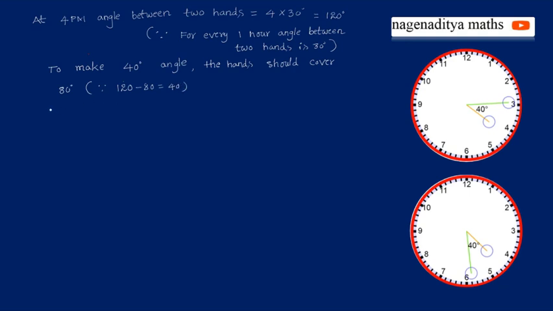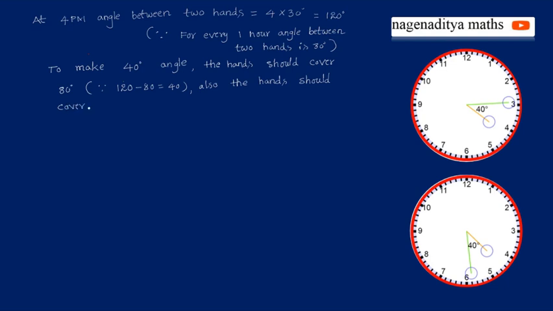So there is another chance. If the minute hand is dragged towards the hour hand, the angle is 120 degrees, and next both hands coincide. After that, if we drag the hand again, we have a chance for another 40 degrees. So 120 plus 40 is 160 degrees.